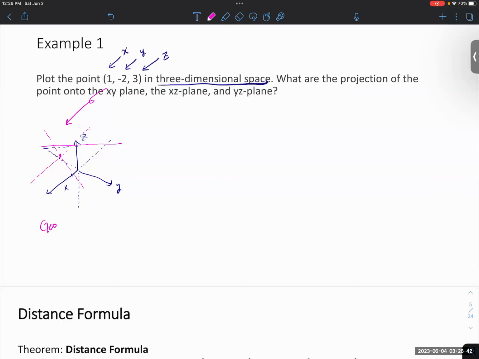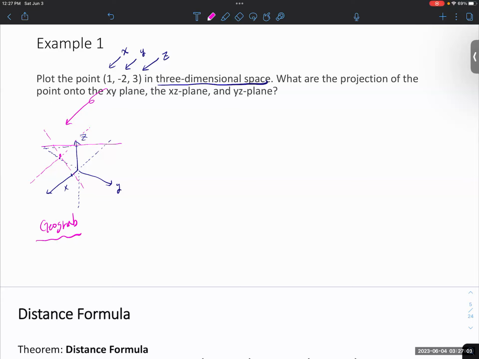Usually the GeoGebra website can help us. I can share this through the discussion board link later. But anyway, just be aware: 1 is from the x-axis, -2 from the y-axis, 3 from the z-axis, and the intersection point of those 3 different axes is where this point is located.